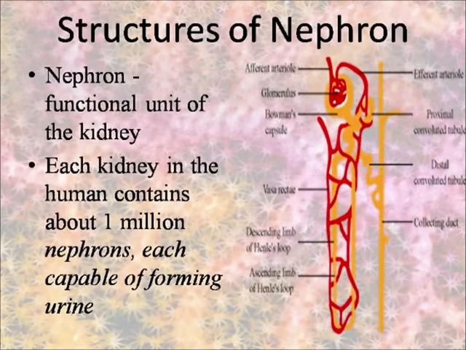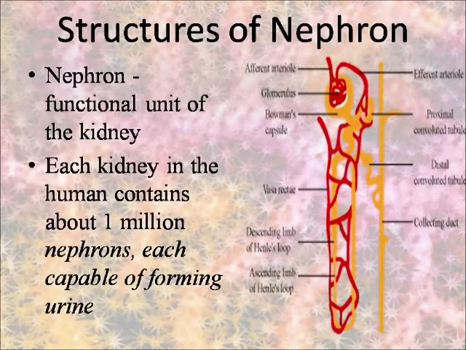Structures of nephron. The nephron is the functional unit of the kidney. Each kidney in the human contains about 1 million nephrons, each capable of forming urine. Each nephron contains a tuft of glomerular capillaries called the glomerulus, through which large amounts of fluid are filtered from the blood.